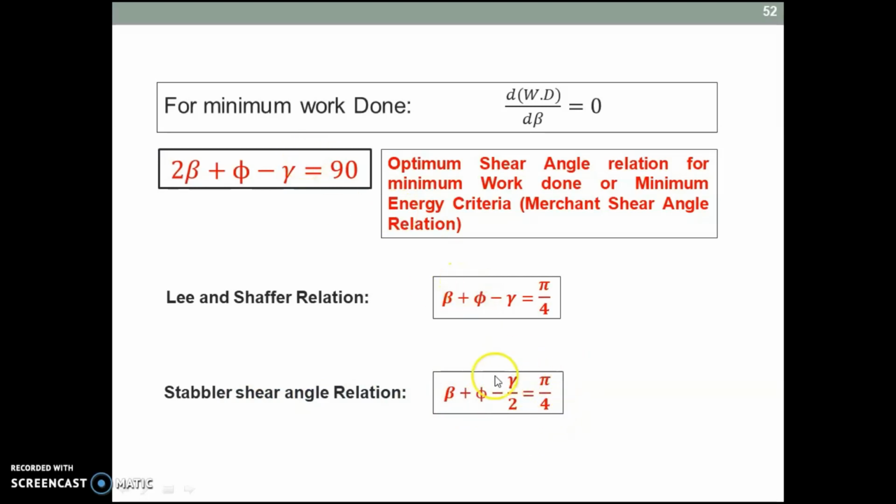So these are the three shear angle relations by three scientists.